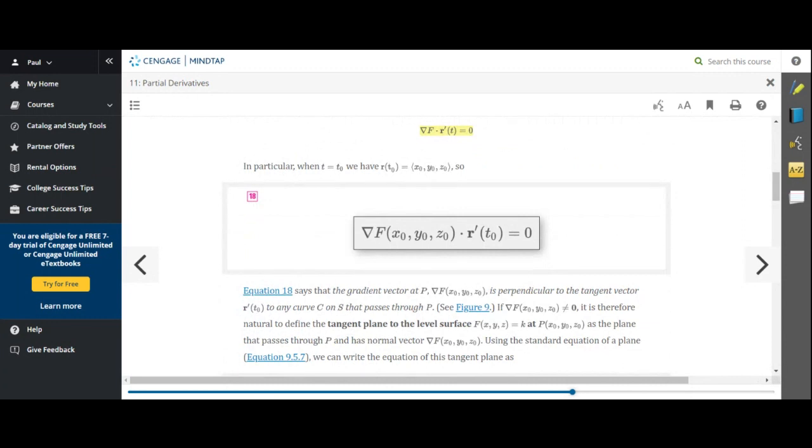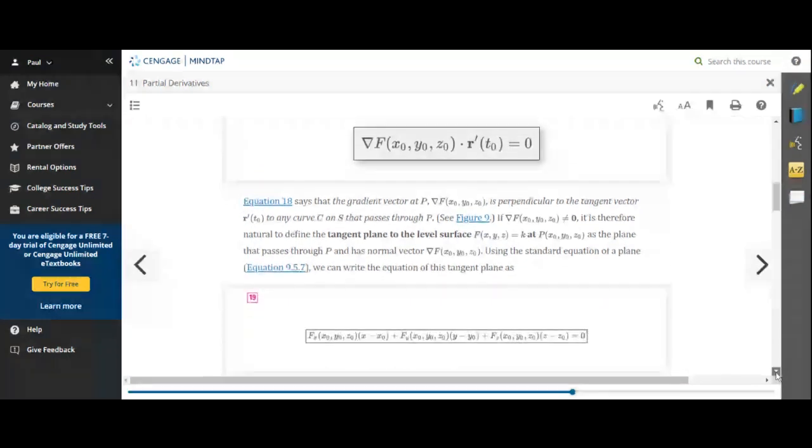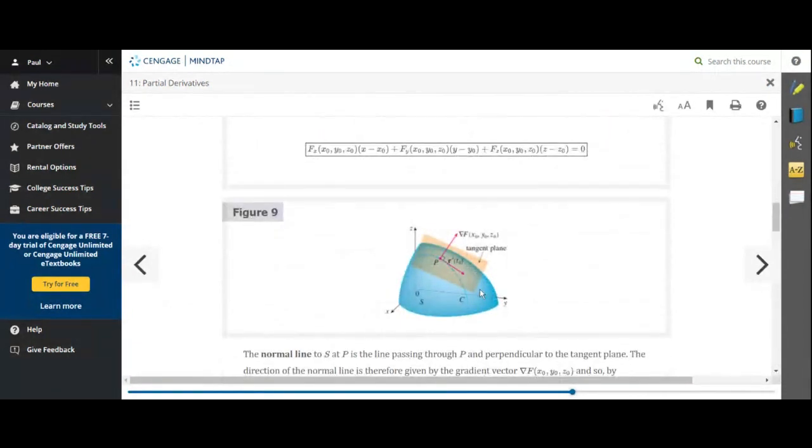And so from there, you're able to get the tangent plane to a level surface. Now, let me just see here. They talk then. This justifies in the picture the fact that that gradient vector is perpendicular to r prime of t.